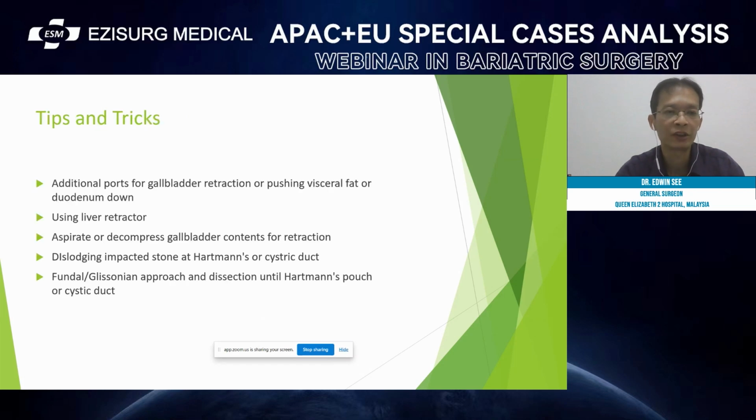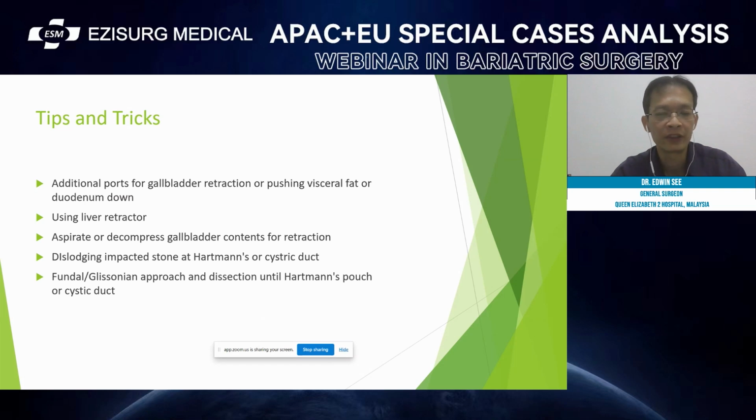There are some tips and tricks on how to perform concurrent cholecystectomy. Use additional ports for gallbladder retraction, either to push down the visceral fat or the duodenum, or to retract the gallbladder up. Use the liver retractor to partly retract the right liver.